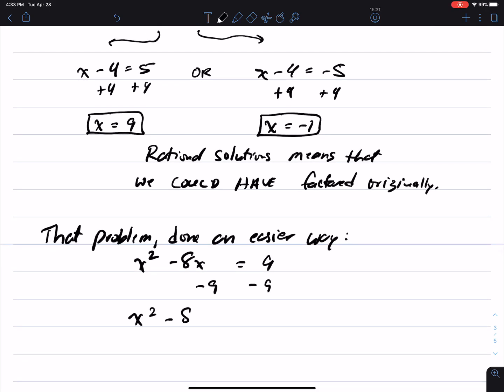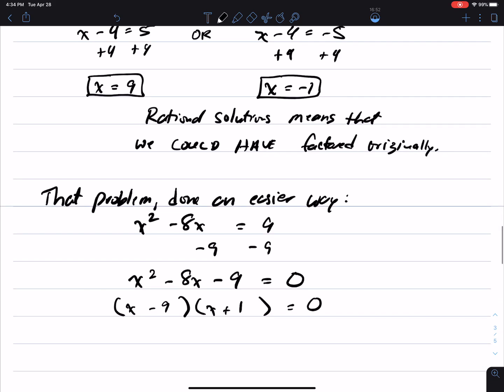In general, this is the way you would normally proceed. You want to set things equal to 0 generally when you have quadratic equations, whether you're going to factor it or use the quadratic formula, which comes up next. And you could factor that. That's x minus 9, x plus 1. And then we would have our two solutions here.